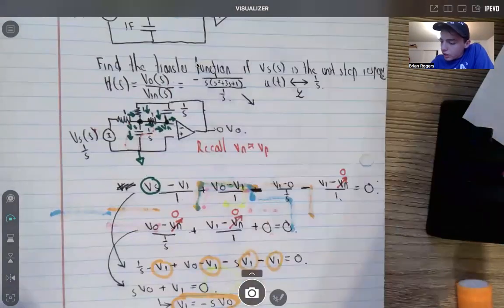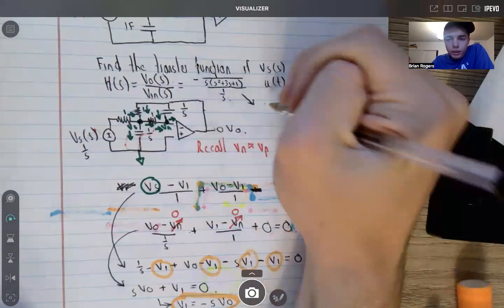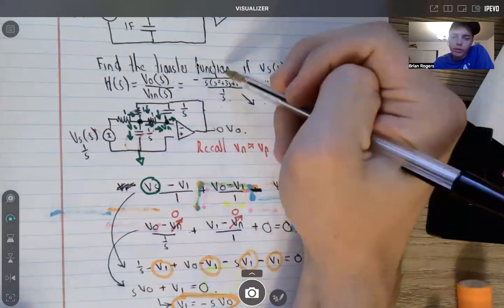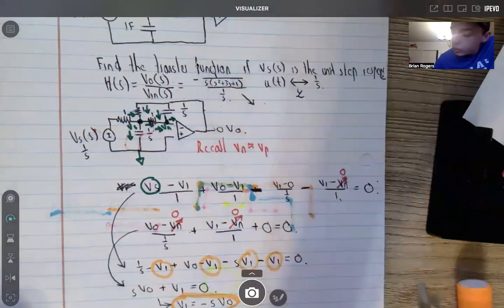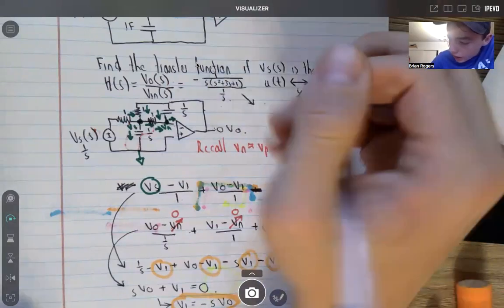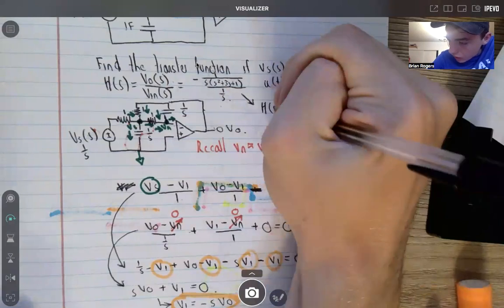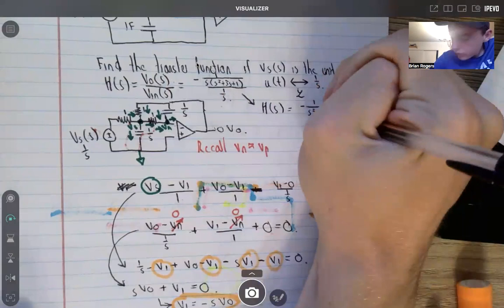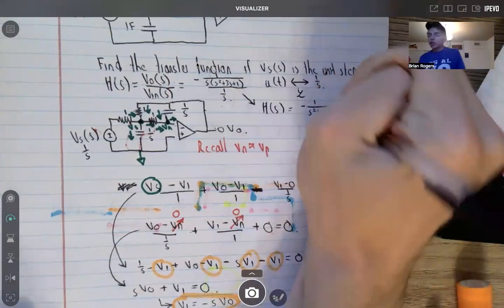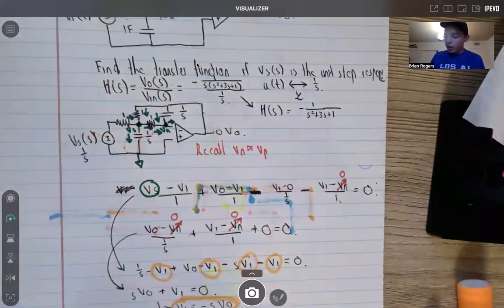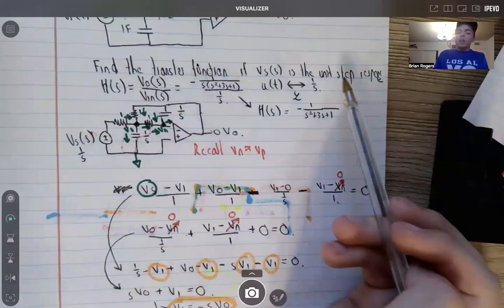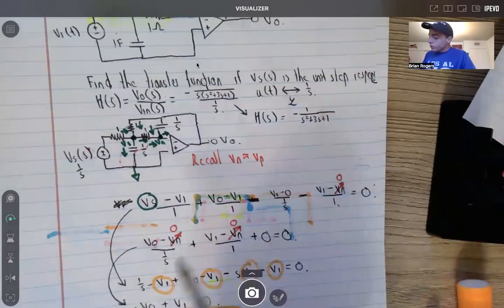This is a fraction divided by a fraction, so this S will come to the numerator and cancel with this S in the denominator here. And so H of S is equal to negative 1 all over S squared plus 3S plus 1. So that is the transfer function that I found for this circuit, given that the voltage source is a unit step. And that is how we found that.